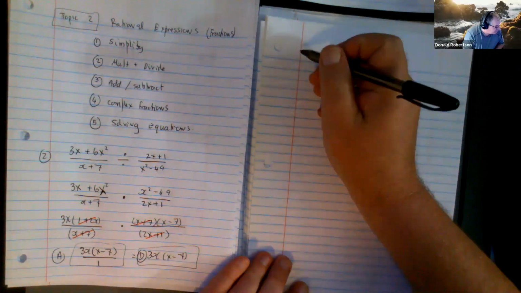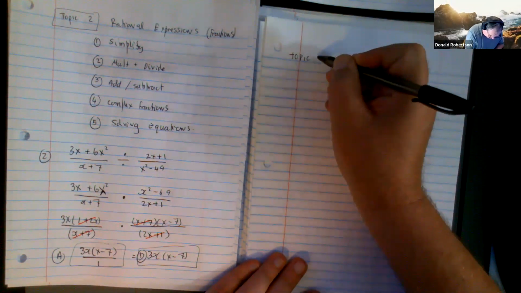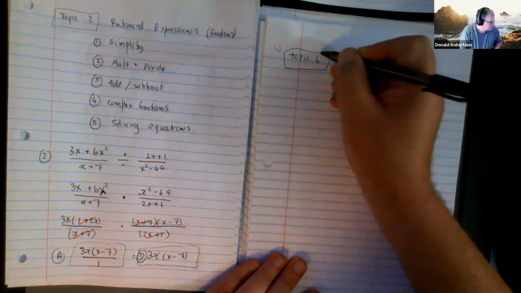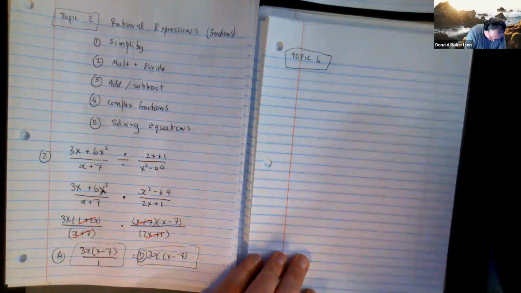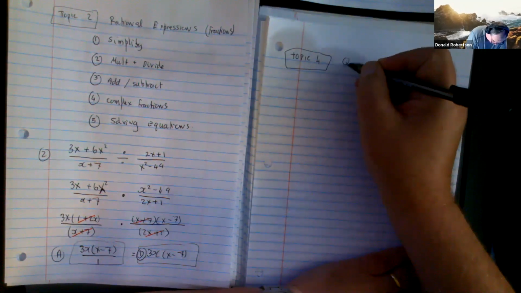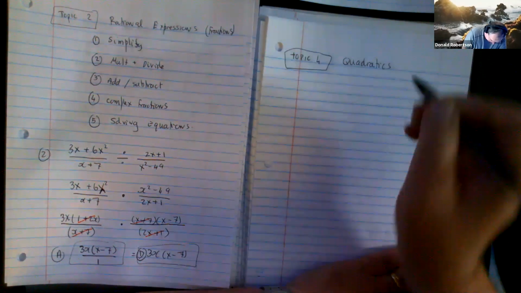And we're on to our last topic. We'll go into some of these on Wednesday, the ones that you find are the most useful. Topic 4 is basically to do with quadratics, the latest ones that we've done.